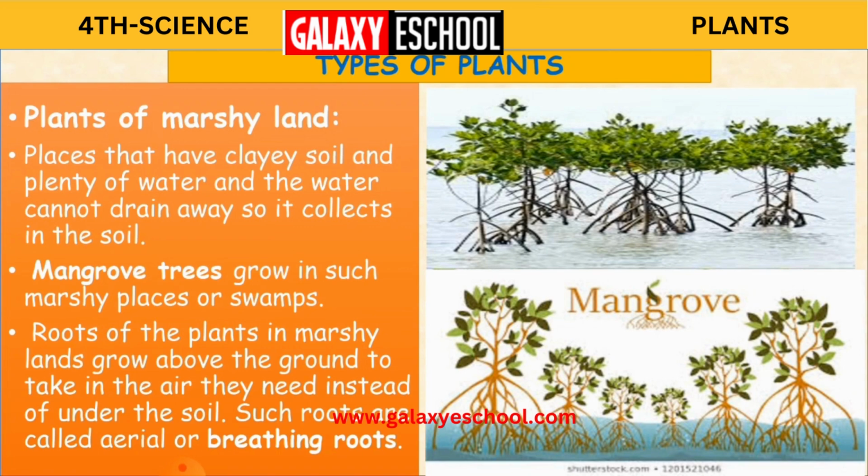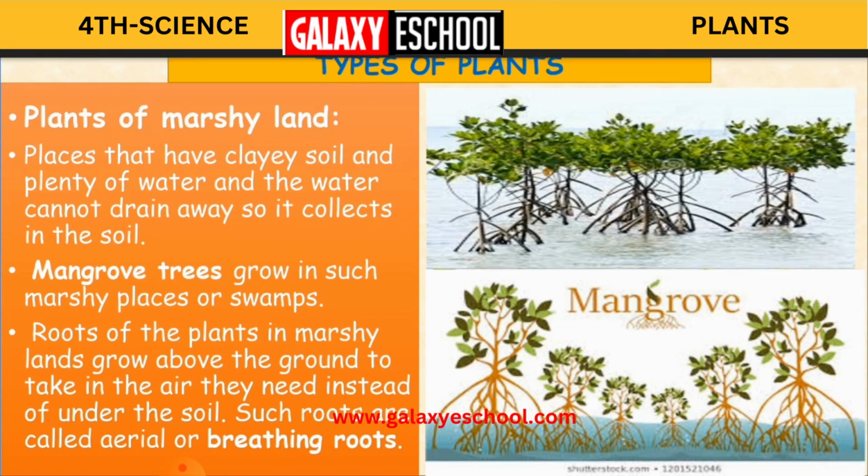Like if you see here in our picture, we have trees which we call mangrove trees. Mangrove trees are growing on the water surface only here. And in this marshy land, the water is not able to drain away. It remains on the land only.